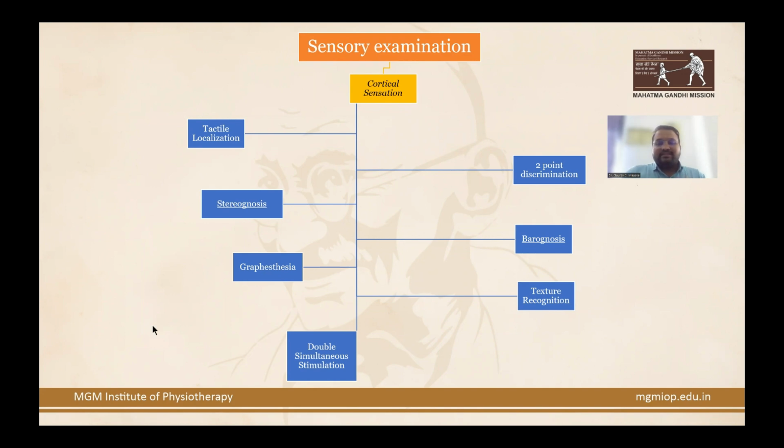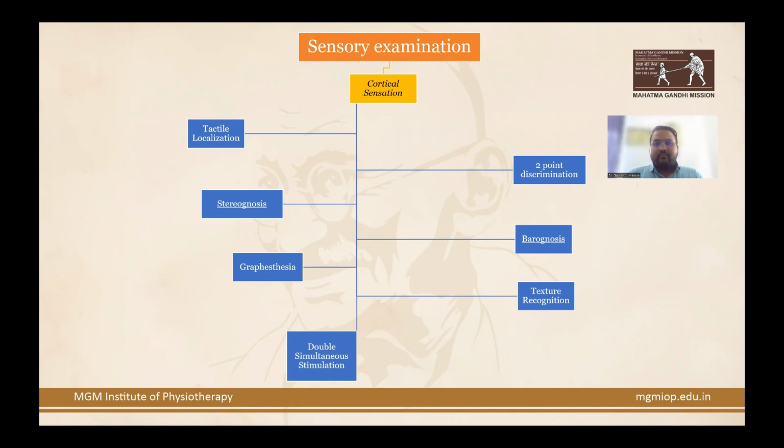Okay. Next is graphesthesia. Again, I have given an example before. Draw a circle or alphabets or numbers on the patient's skin and check for graphesthesia. Two-point stimulation: use two pointers and see whether the sensation is present or not present.